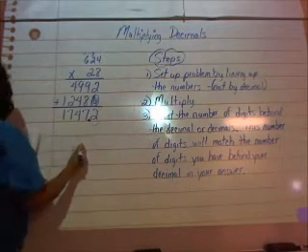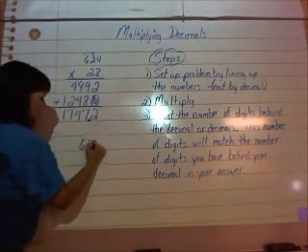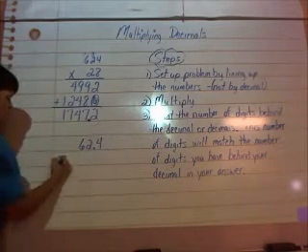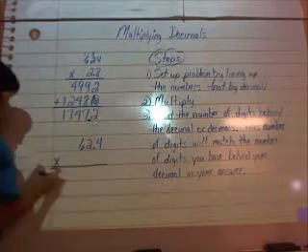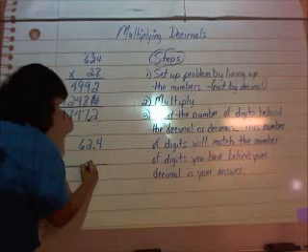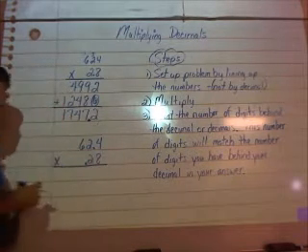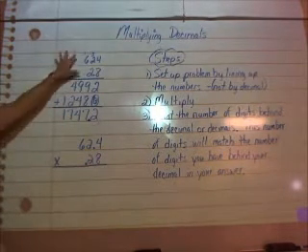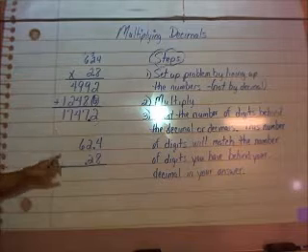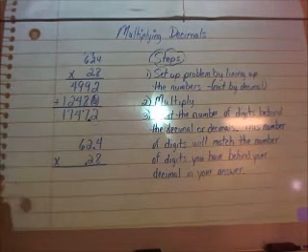So here would be another one. This time we're going to do 62 and 4/10 times decimal 2/8. Again, same numbers, but we have the decimal in a different location.